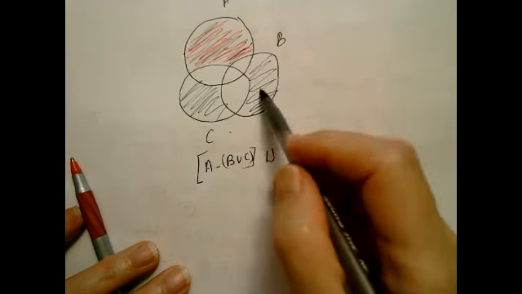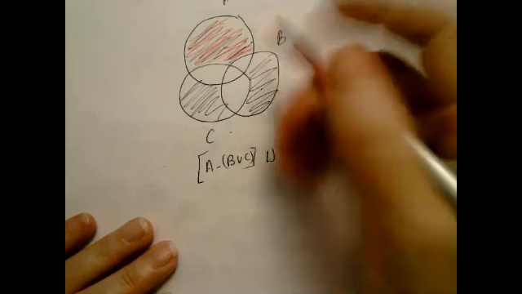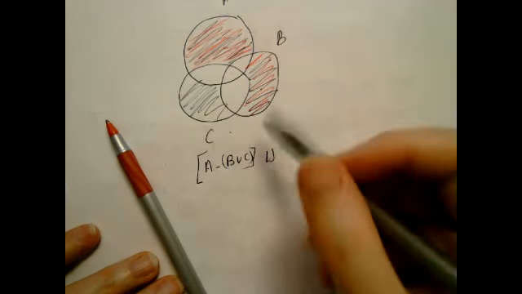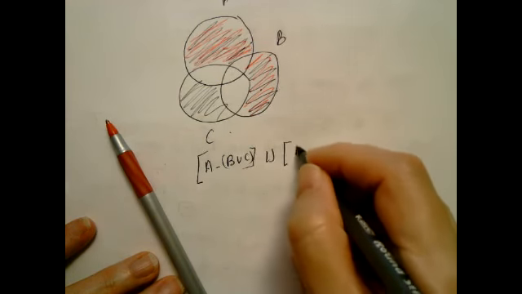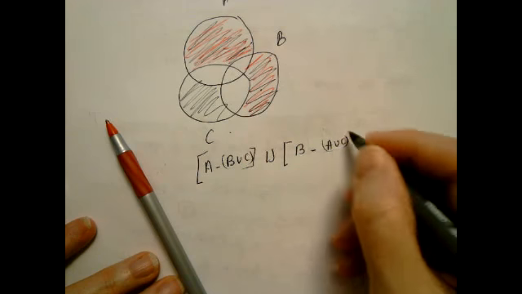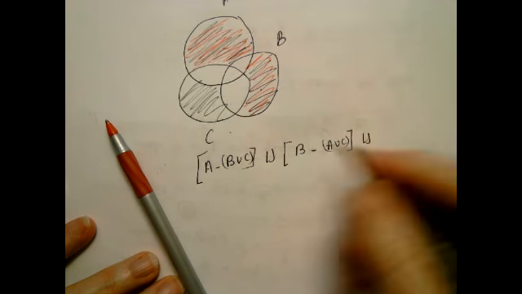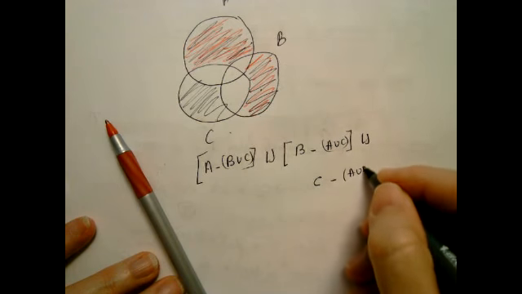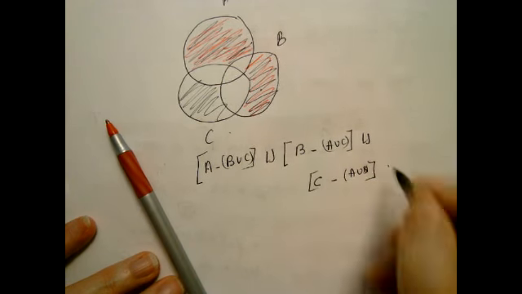And you add to it this piece. So there is really a symmetry. So that's one possibility. I'm sure you guys will come up with other, probably nicer ones. B minus the union of A and C, union C minus the union of A and B. So that's one scenario we can do.